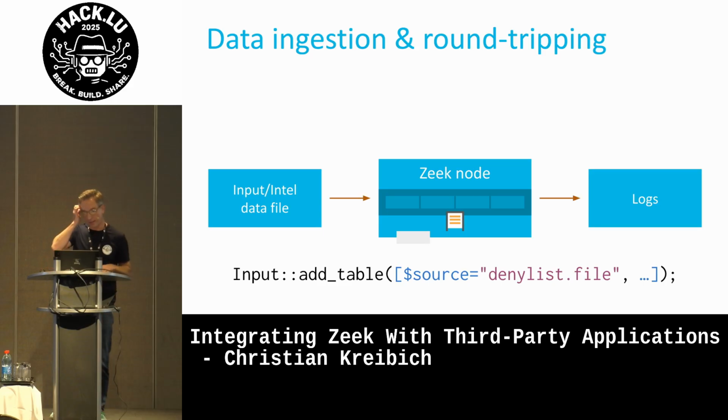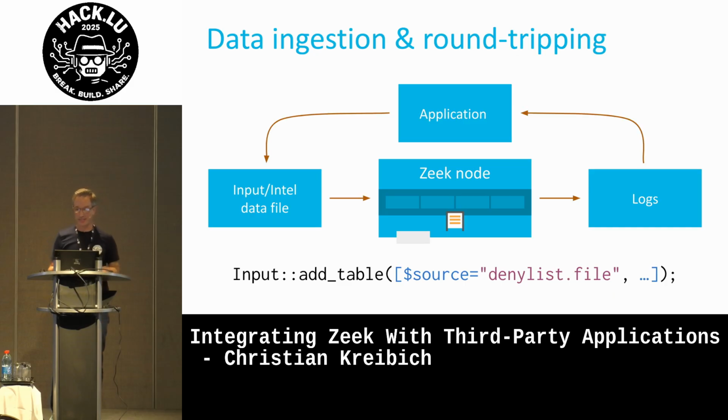And what usually this leads to is some form of logs again, maybe enriched with additional context that file provided. And then what some applications have been doing for a long time now is basically take some of these logs, read them, update the input file, and feed that information back into Zeek. So you basically get this, let's say, file I/O based feedback loop.